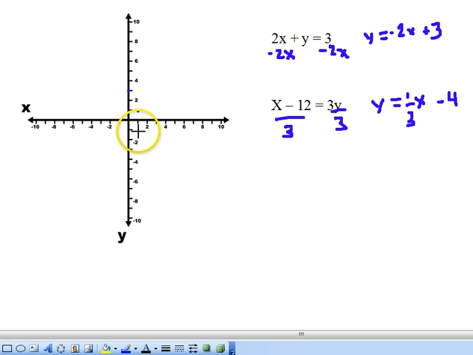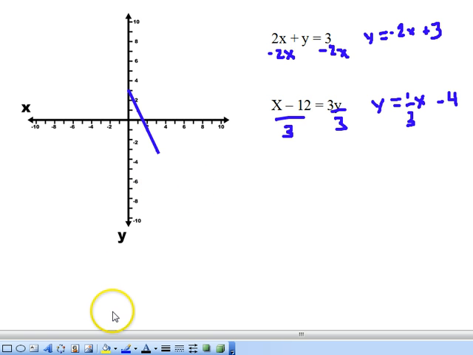Down 2 and over 1. Then we can draw that line, and we'll see if that's enough points for that line.